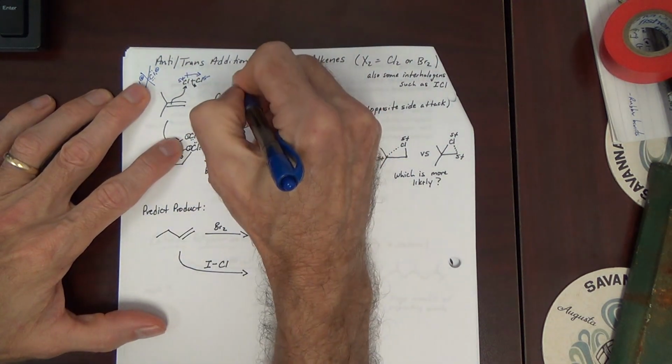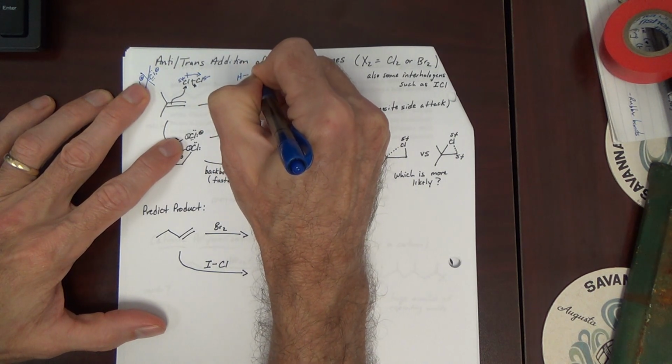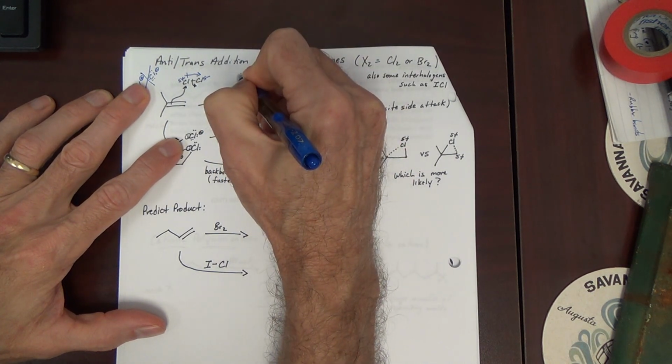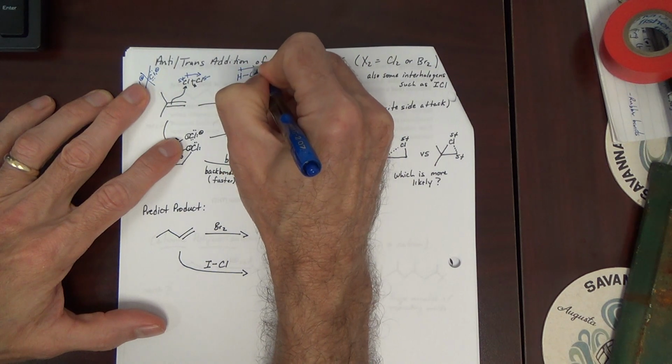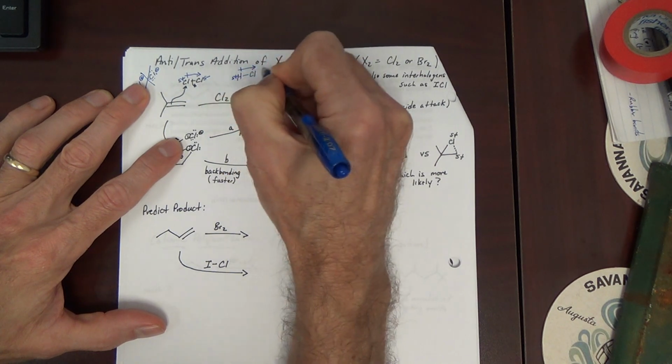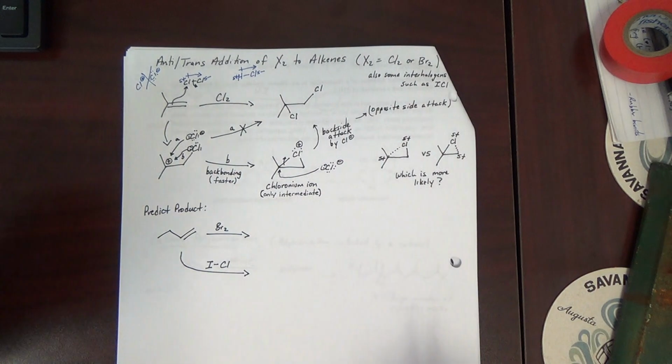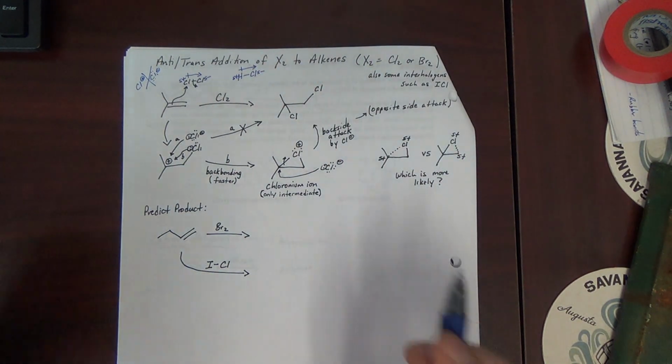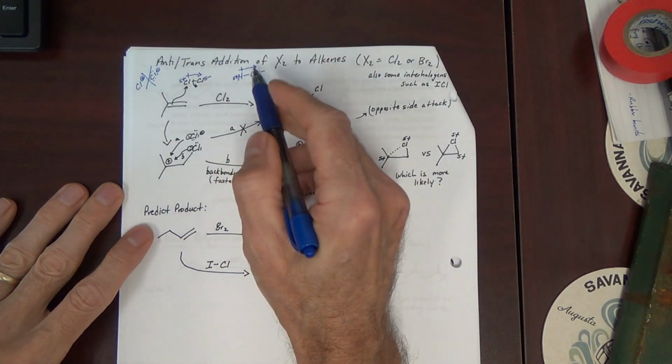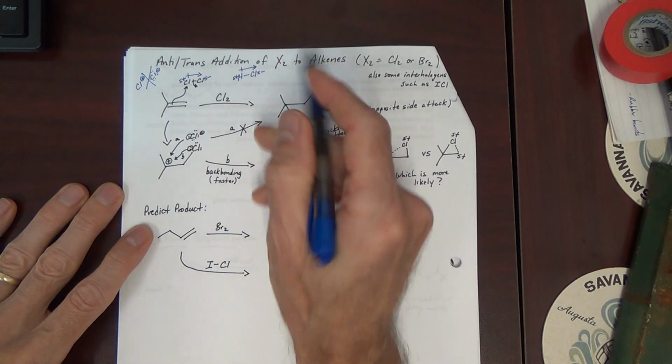Now this is actually very similar to when we considered HCl or HBr, etc. We have a permanent dipole here, and the H is partial plus and the chlorine is partial minus. And the pi electrons attack the H, and we can move these electrons onto the chlorine.